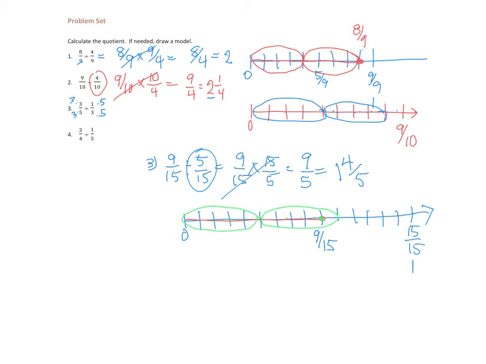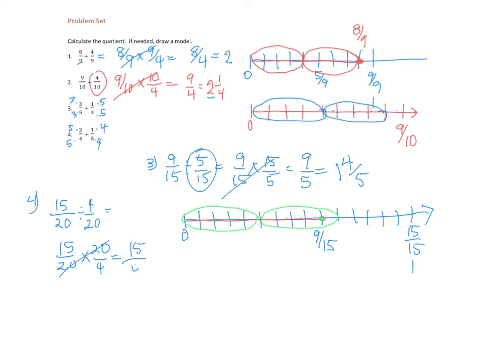Okay, we just have one problem left in our problem set. It is 3/4 divided by 1/5. And you know what I think I'm going to change it to is 20, because I know they have that in common. So I've got 15 20ths, I'm rewriting it down here, 15 20ths divided by 4 20ths, and that is going to be 15 20ths times 20 fourths, cross cancel.